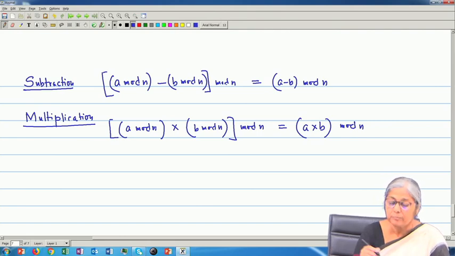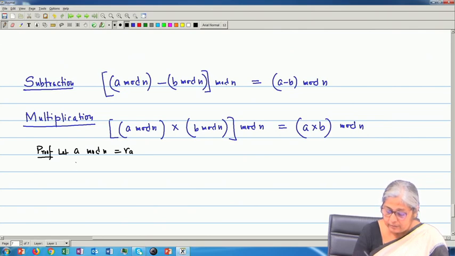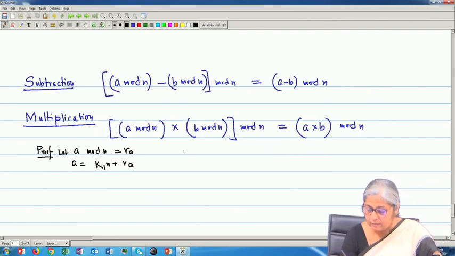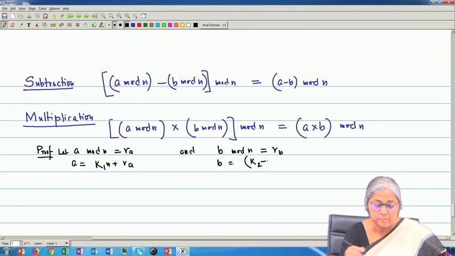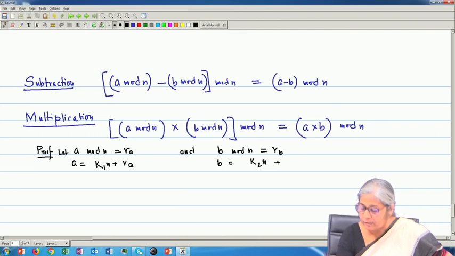Now, for the multiplication proof, in a similar way we take A mod n equal to R_A, so A equals k1 n plus R_A, and B mod n equals R_B, so B equals k2 n plus R_B.